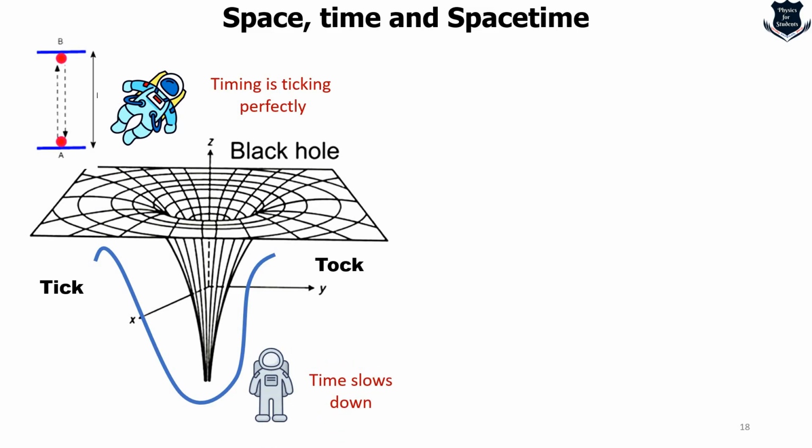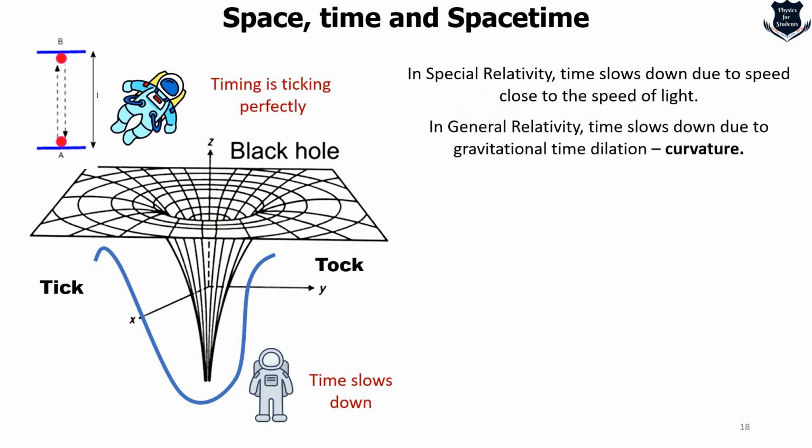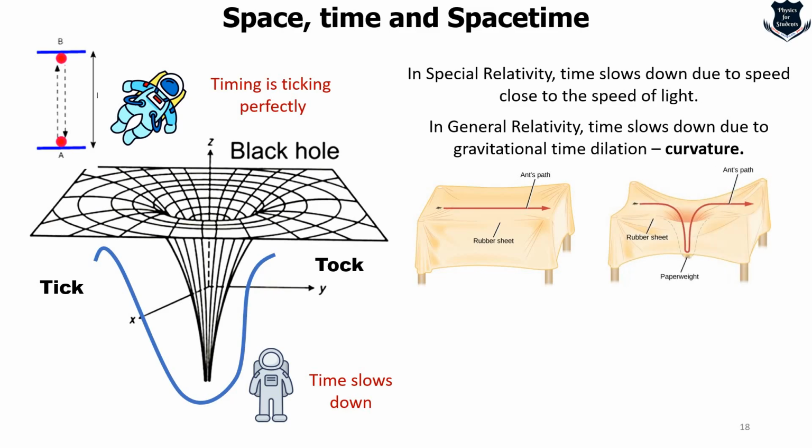Now here is a little bit of difference. Understand that in special relativity, this time dilation is because of speed, but in general relativity, it is all because of curvature. Now what do I mean by curvature? Let us say, for example, this is a rubber sheet and an ant is crawling, and then there is a dent. The rubber sheet collapses due to a paperweight or any mass and energy, and you see the ant's path is going down and down, just the way I have shown you that there's a tick and the blue arrow goes down and there's a tock much later.